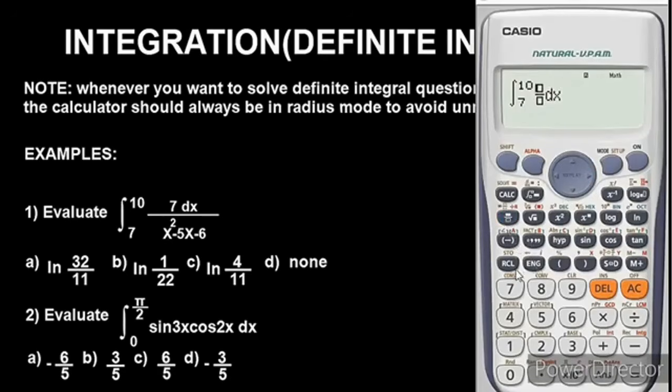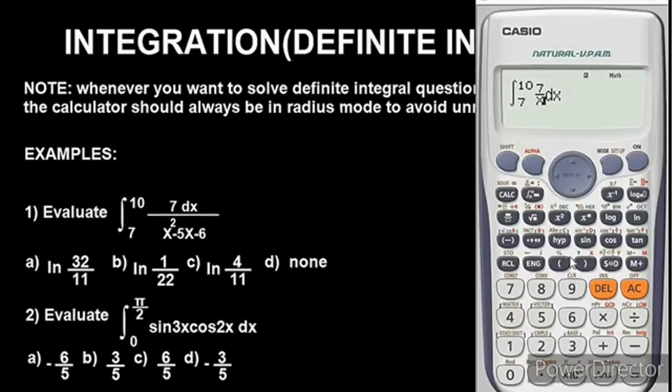So in the function we have 7 over x squared. To bring out x in the calculator, you have to press alpha first and x. If you just press x alone without pressing alpha, x will not come out. You will have to press alpha first before pressing x. Very, very important. So take note of this.